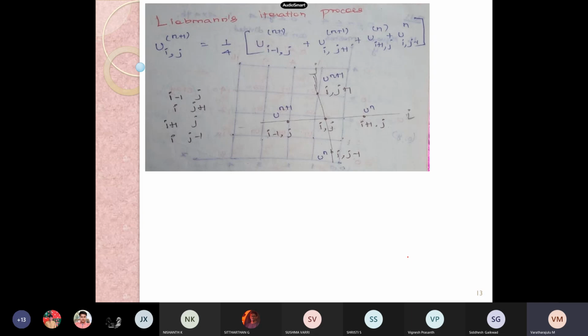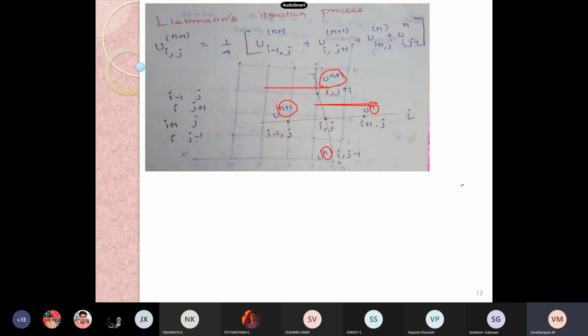So what Liebmann suggested is the standard 5-point formula, but here we have the past data, and here also we have past data, but here we have the newly derived value. At this point we have newly derived values. So we apply n plus 1 and n plus 1, and once we have started to solve, you can understand this formula.